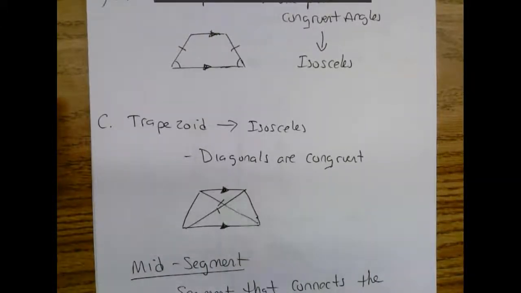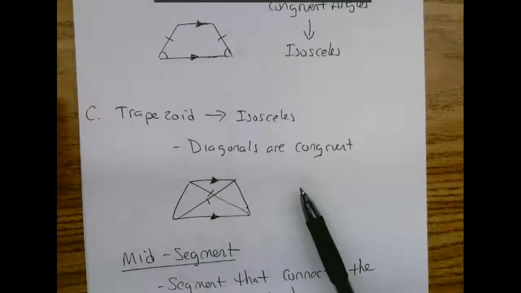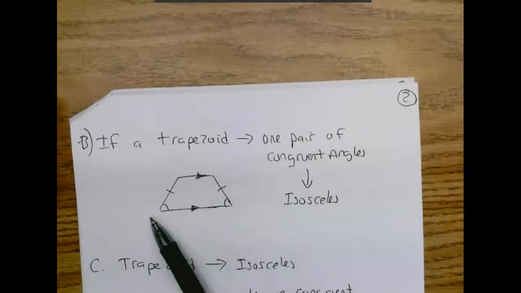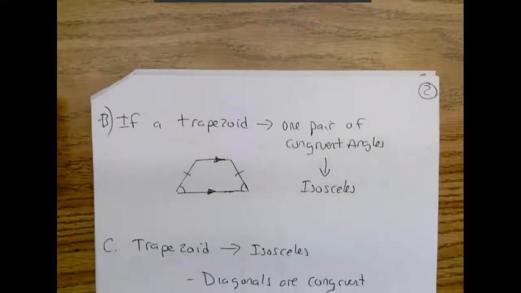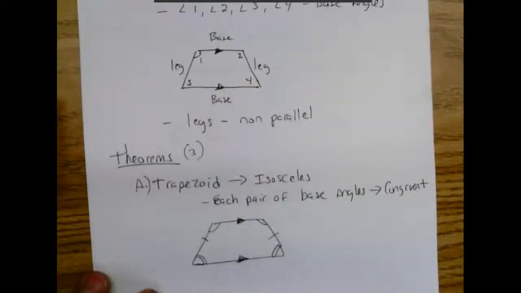So these are the same length. So again, just to review, diagonals are congruent, that means it's an isosceles trapezoid. If one pair of congruent angles on the base, then it's an isosceles trapezoid. And if each pair of the base angles are congruent, it's also an isosceles trapezoid as well.